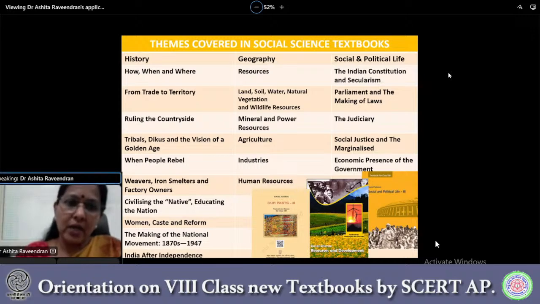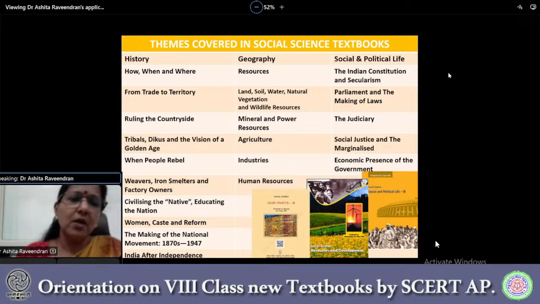If the newspaper is being published by the local ruler, how has it been stated, and how has it been stated when the newspaper is published by a British ruler? So these types of things have been discussed. How the historians are working has been briefed in the first chapter.